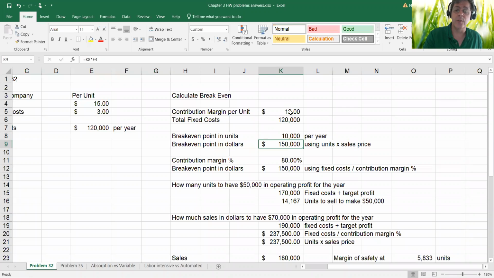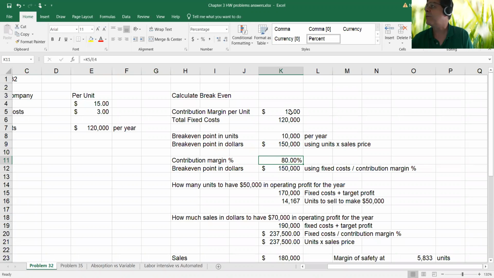In dollars, if this had asked for dollars, we simply could multiply the number of units by the sales price. All right. So that is your answer in units and in dollars. Now, if you did it using the contribution margin percent for the dollars, you could have calculated your contribution margin percent as 80%. Now, this was not required.